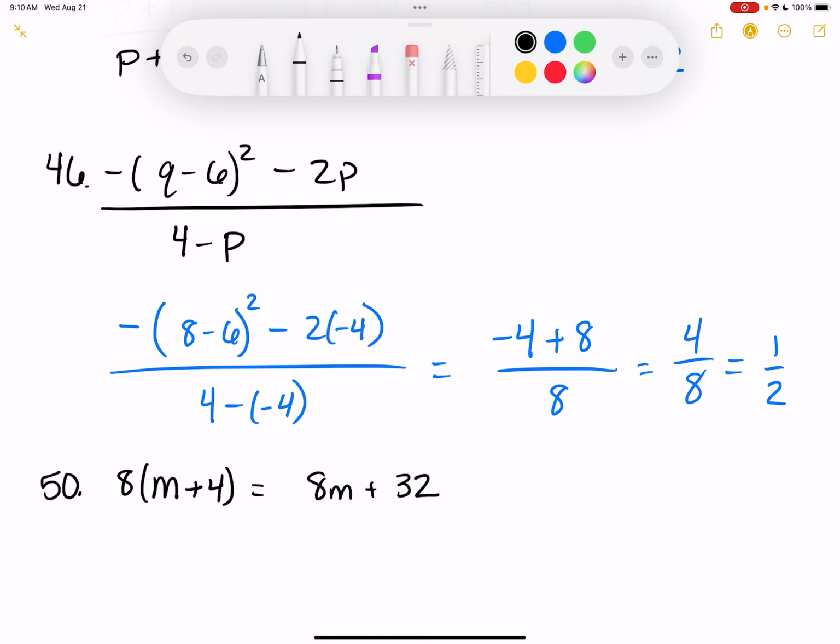So what property are we using to get from the left side to the right side? You might have to look at the little chart in your notes. Which one? Distributive. Yep, distributive. And that's all you have to do for those ones, just say what the property was.